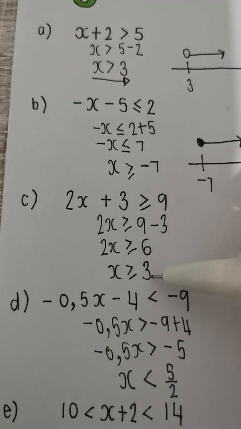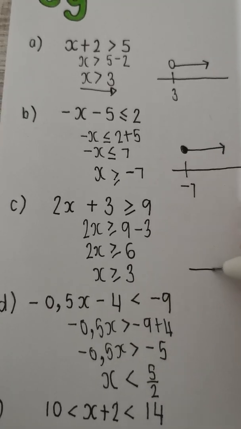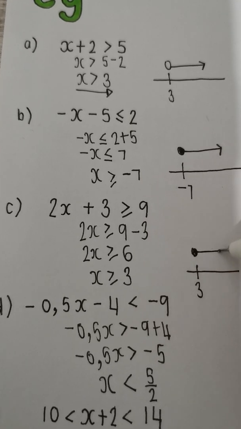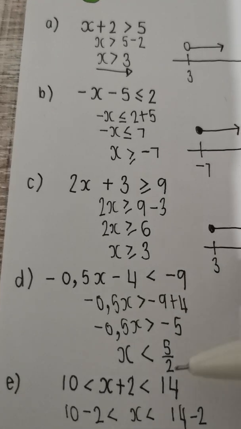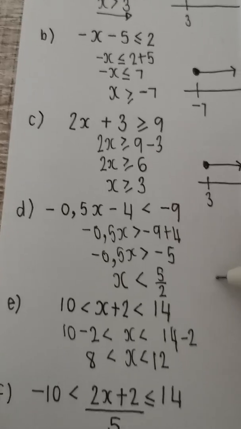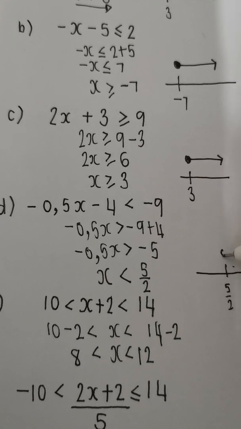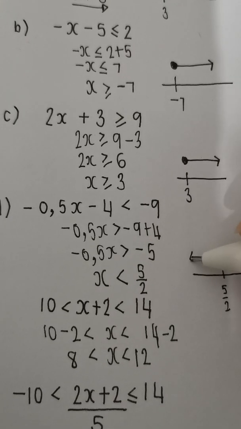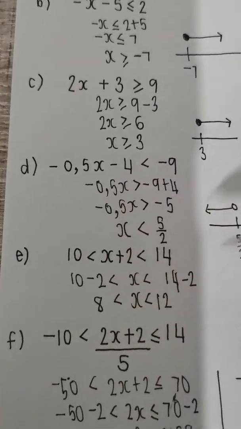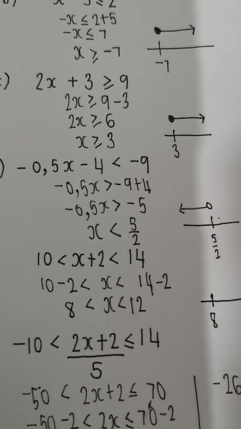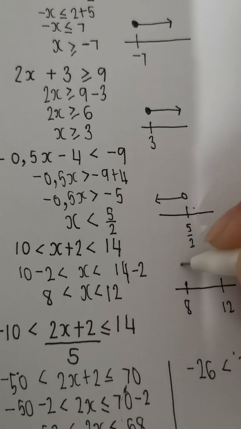Okay, this one here says greater than 3, included, like that. Okay, this one here says less than 5/2, not included, that way. This one here says between 8 and 12, both not included, 8, 12.